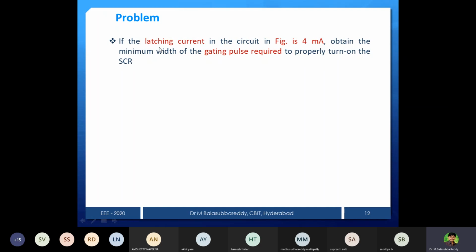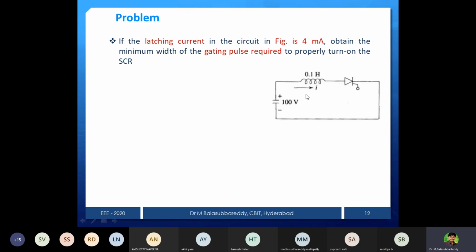If the anode current does not reach the latching current, the device is going to be turned off. Holding current means the current below which the device is going to be turned off.